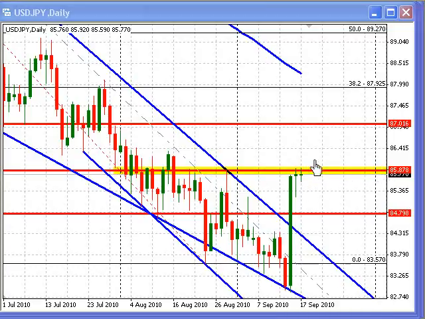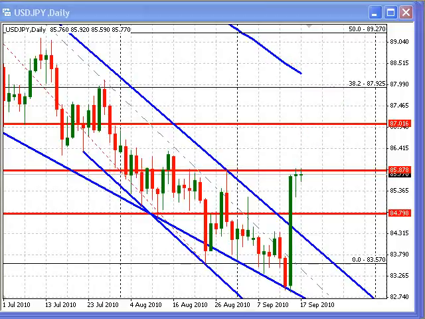If we break through that level, we could head up toward this 87.01-ish type area, and it's not out of the question to think that the market may go to either the 38.2% retracement or the 100-day moving average off the longer-term chart.